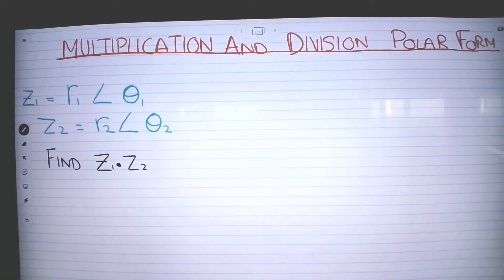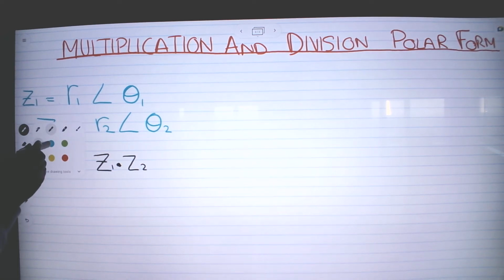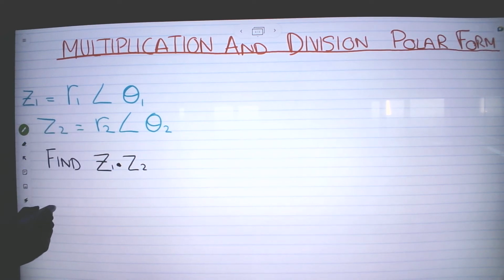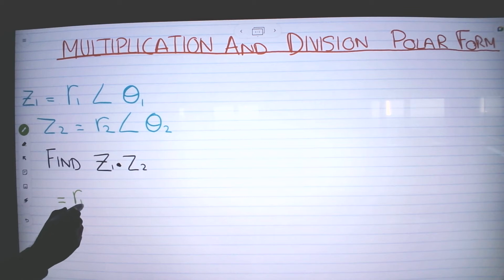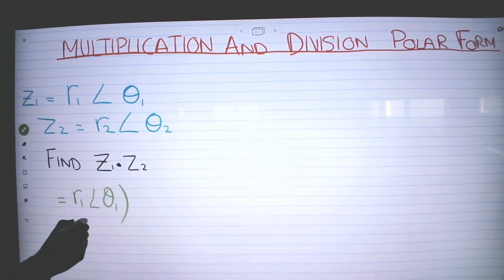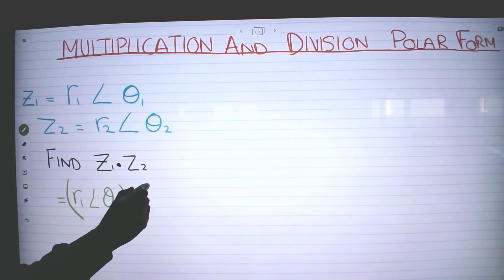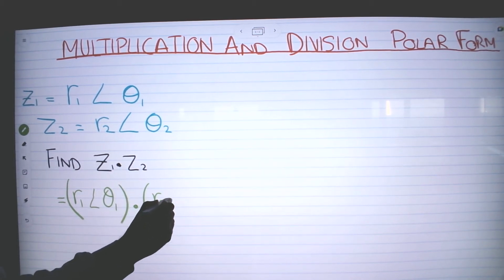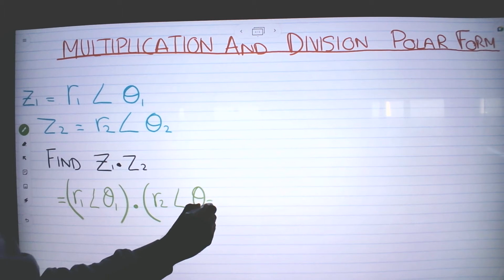To do that, instead of z1, you just put r1, angle theta 1, and you multiply that with r2, angle theta 2.